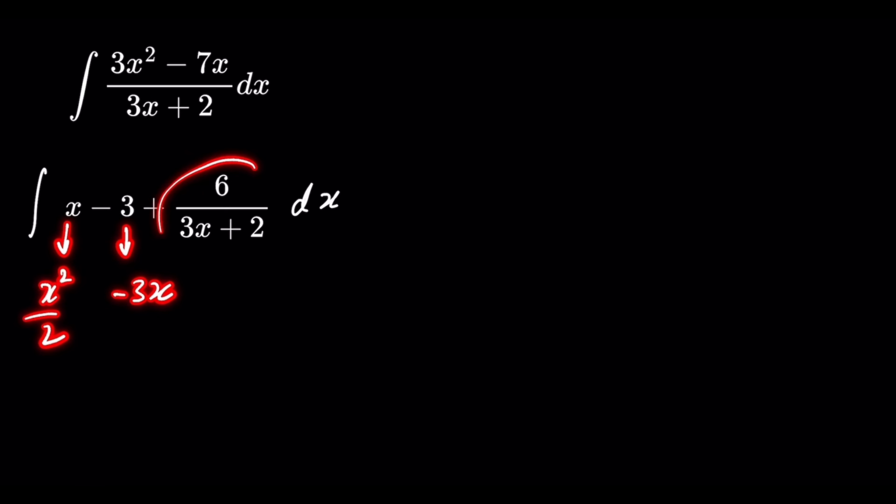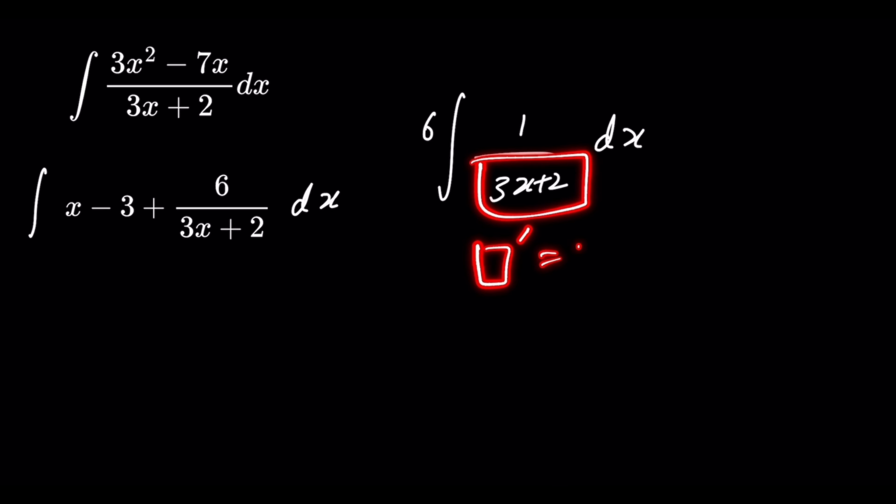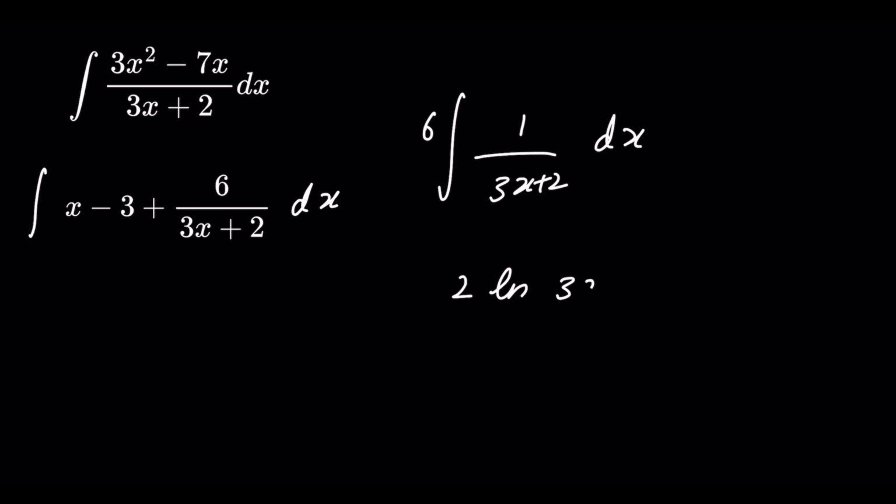And for this, we use substitution, where the 3x plus 2 in the denominator is going to be placed inside the box. Its derivative is 3. So we divide the numerator by 3 to balance it. Hence, we are going to be writing 2 ln 3x plus 2. So let's rewrite this, and let's write our final answer.